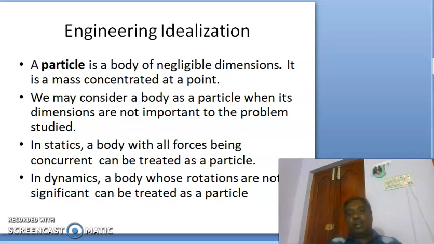When they are not important, we call that body a particle. In statics, a body with all forces being concurrent can be treated as a particle. In dynamics, a body whose rotations are not significant can be treated as a particle.